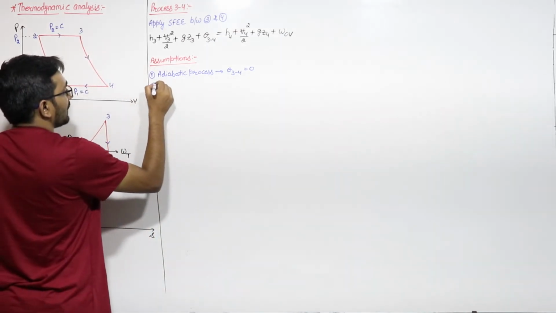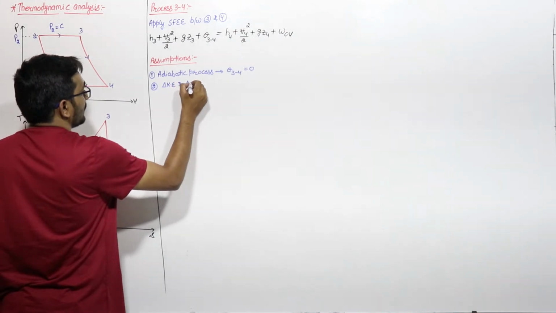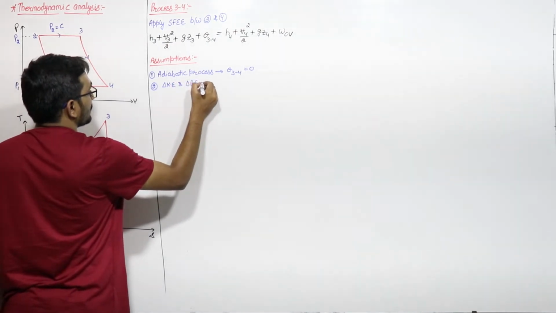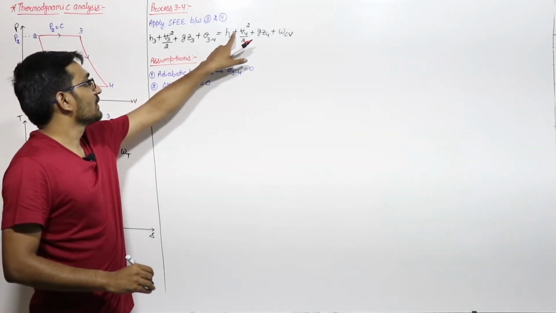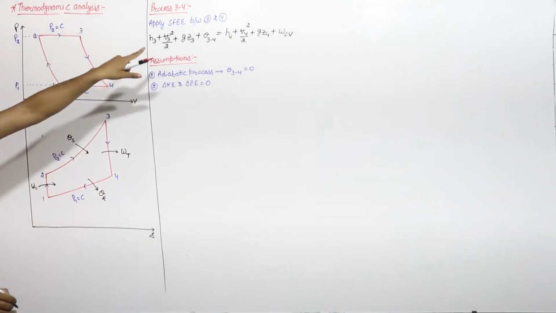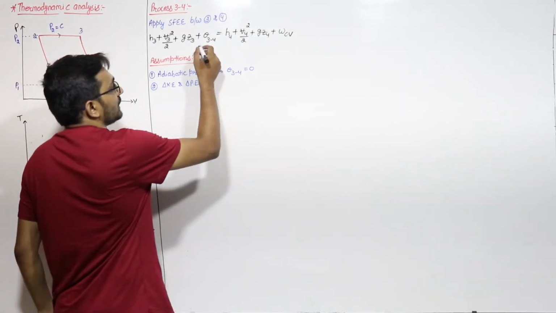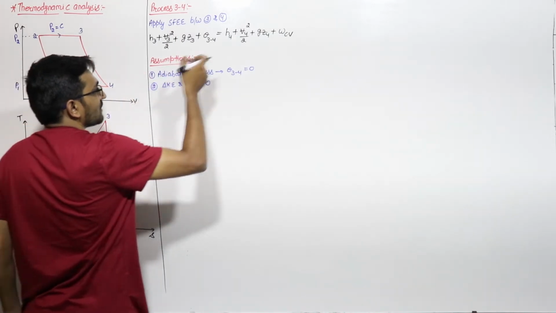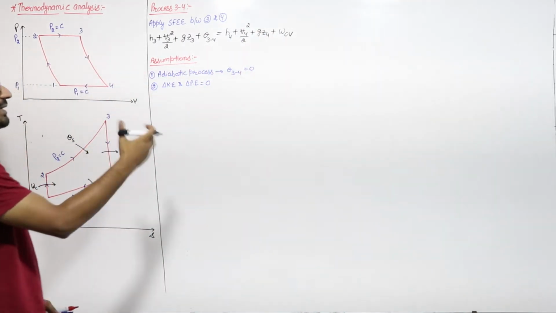Second assumption: changes in kinetic energy and changes in potential energy are 0. That is, V3 square by 2 minus V4 square by 2 is 0, and gZ3 minus gZ4 is 0. And Q34 is 0 because of the adiabatic process. Work done by the control volume is work done by the system, by the turbine, that is WT.